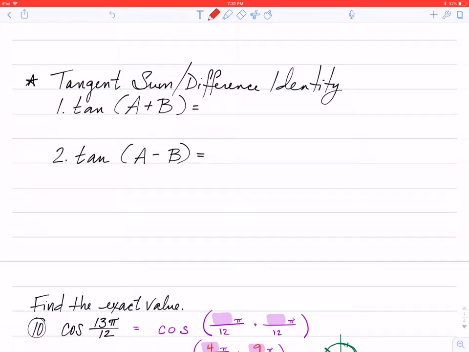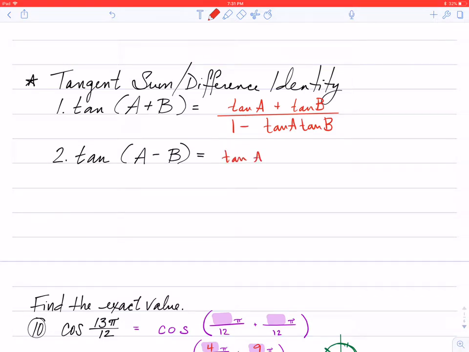Tangent is the last one. It's a little bit more tedious. The tangent sum is going to be tangent of A plus tangent of B, all divided by 1 minus the tangent of A times the tangent of B. Tan A plus tan B all over 1 minus tan A tan B. The tangent difference, very similar once again.